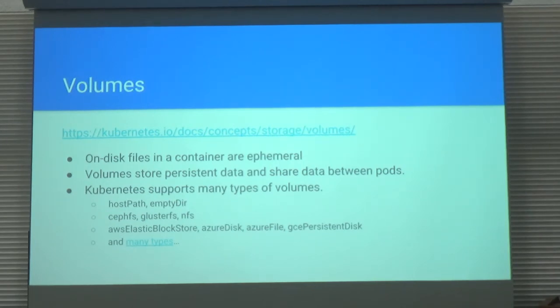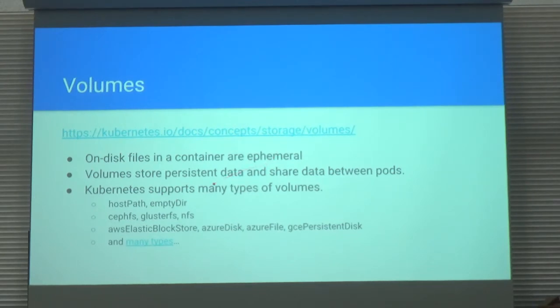But with volumes, you can store the data as persistent data, and it can be used to share data between pods also. And Kubernetes supports so many types of volumes.